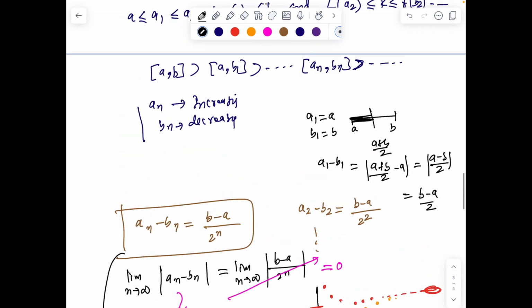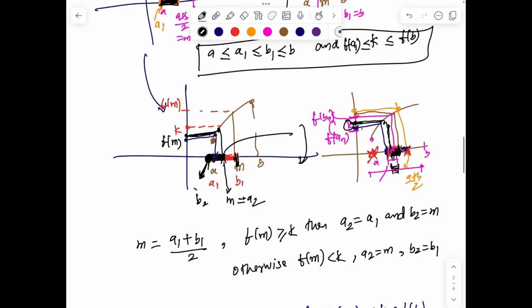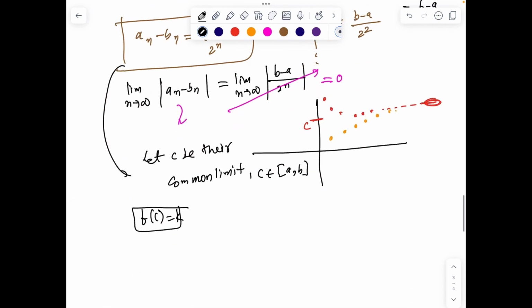So if that limit value is c, now my claim is that c is the point corresponding to which the output of the function was k.